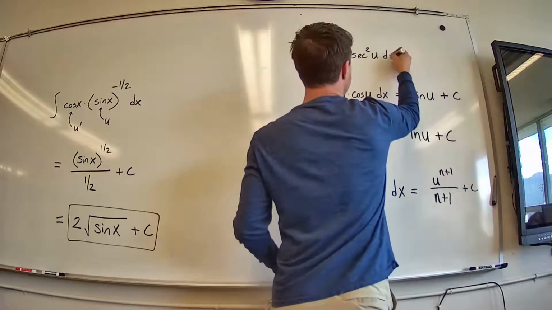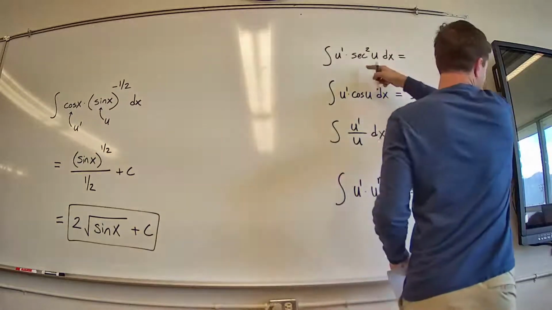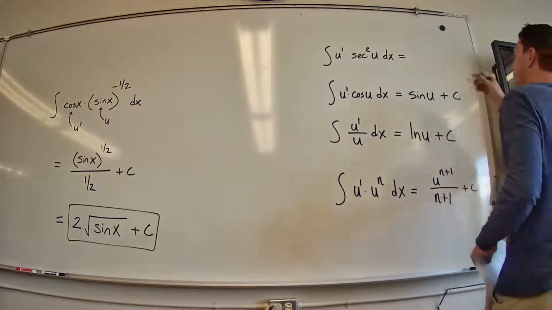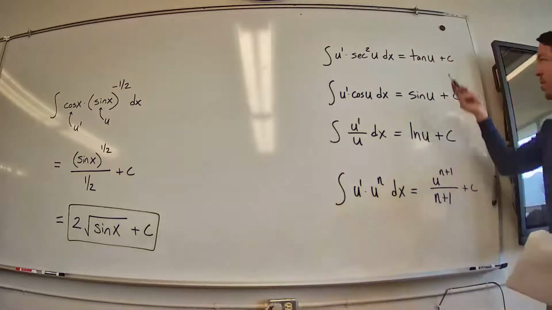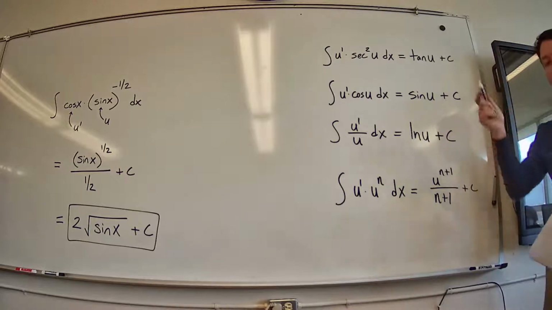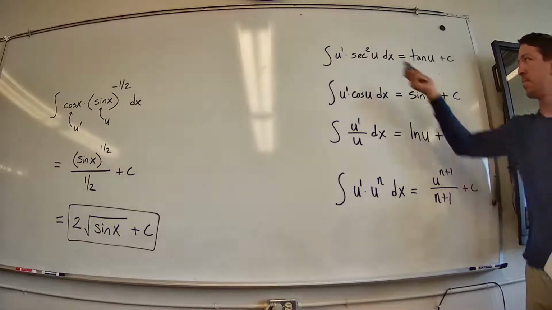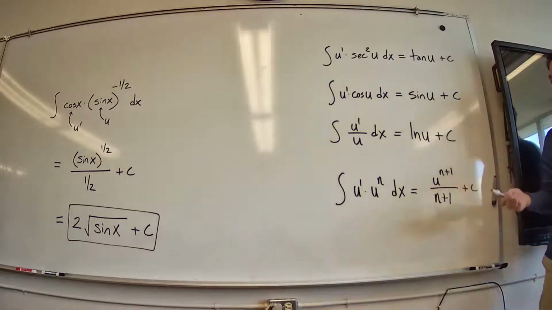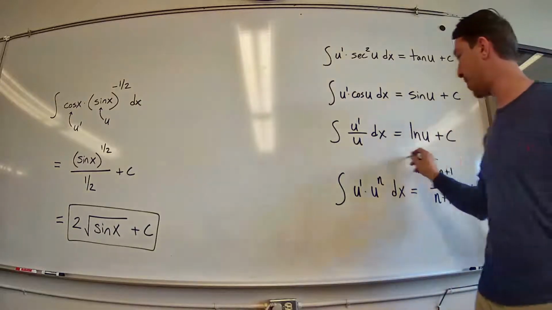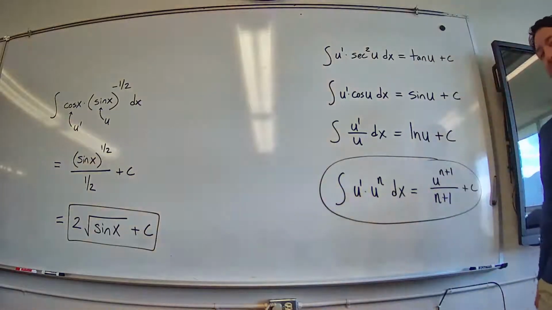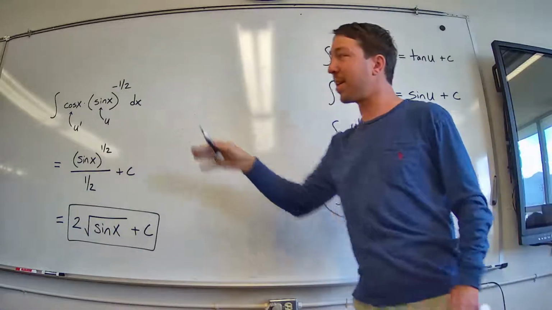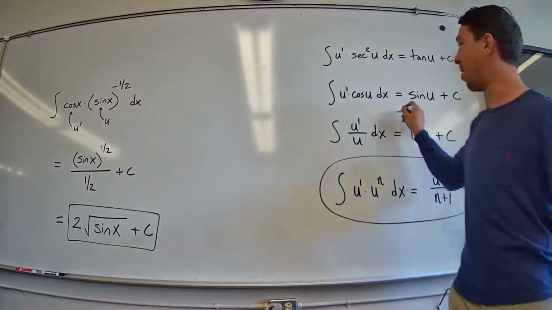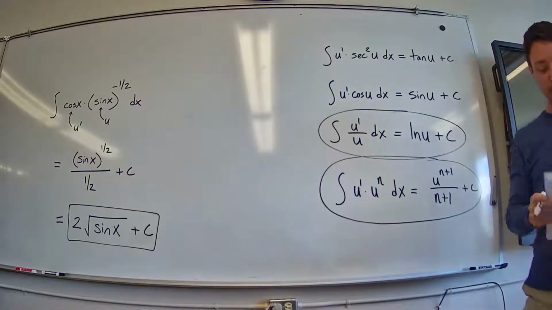There's a whole bunch of examples here. What would this one turn into? Tangent of u. So any function we know the derivative of, there's an antiderivative, so just look out for that u prime. This is probably one of the hardest ones to pick out, because it often involves manipulating it slightly to get it to look like this.